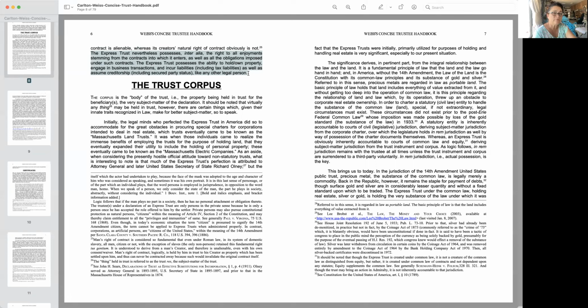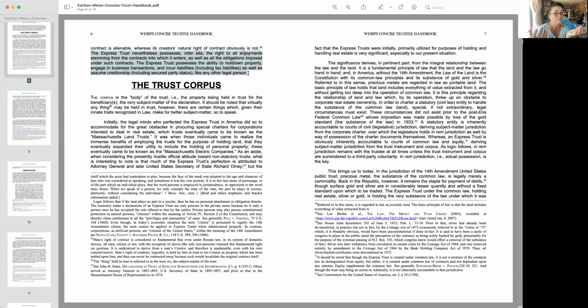So like the legal person is the all caps, but the express trust is kind of like that other all caps thing, because the express trust can do the same types of things that the legal person can.